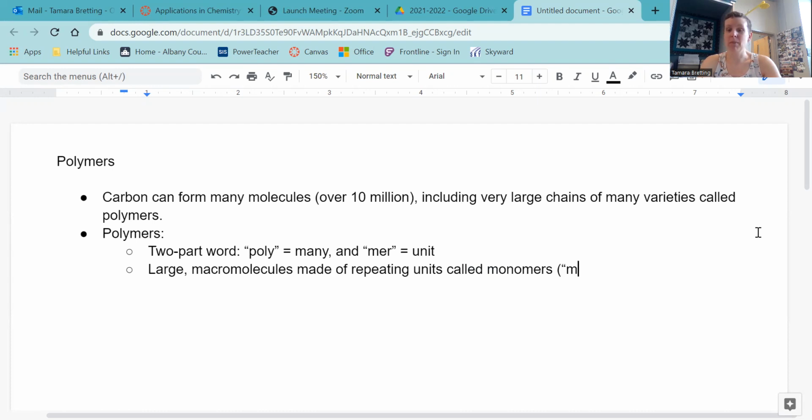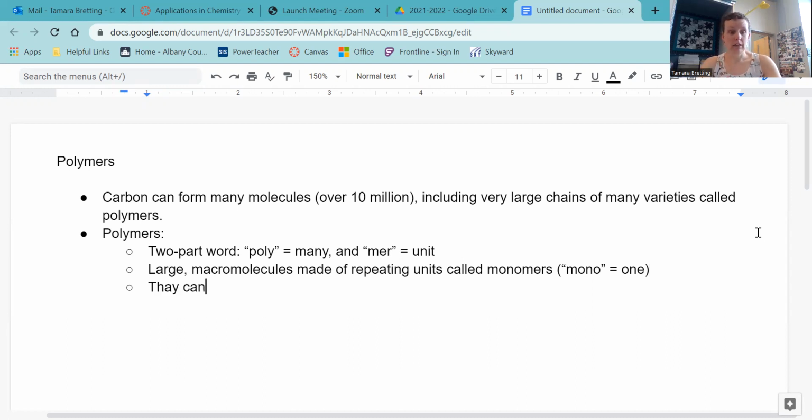The prefix mono means one. So the units that you put together in a chain to make a polymer are called monomers. Each link is a monomer, and then you put them together, you make a big chain, that would be your polymer. Okay.